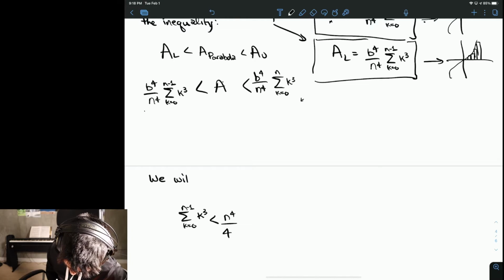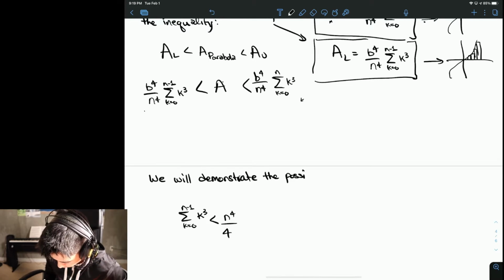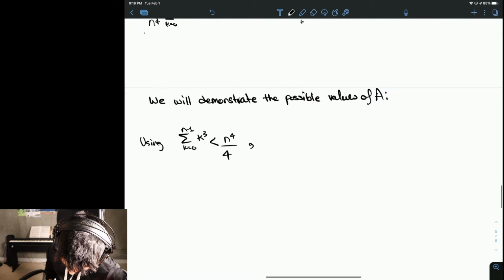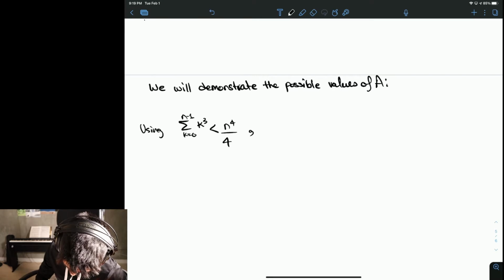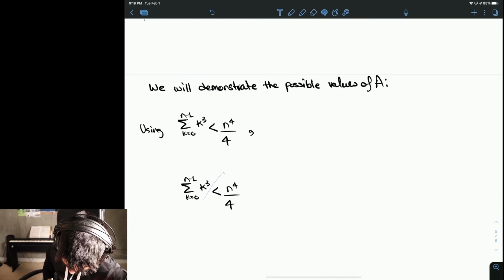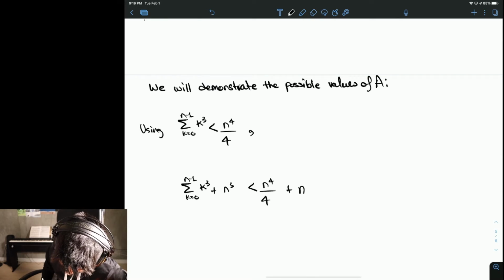We will demonstrate the possible values of A. Using this, we can then take this same term and toy with it a bit, move this out over here, add n cubed here, add n cubed here.